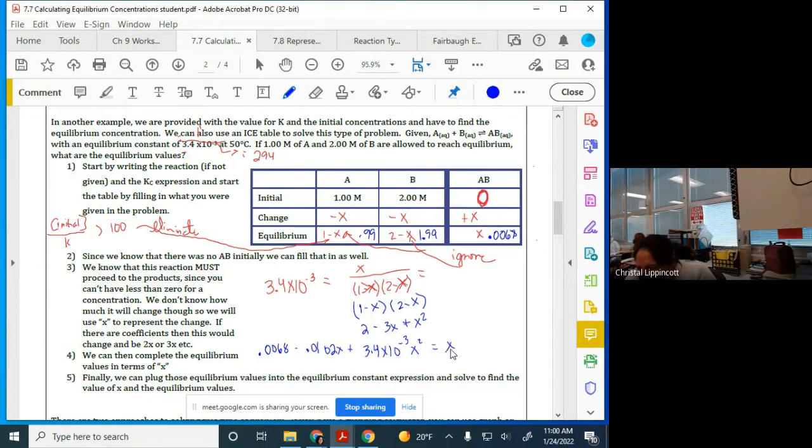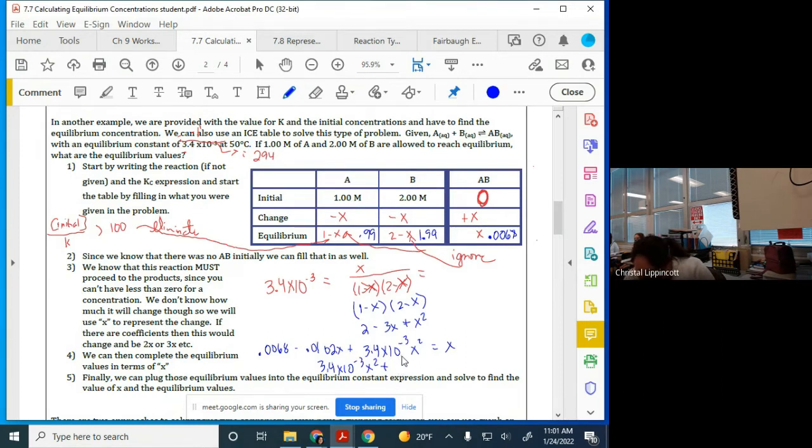All right, so if I add x to this side, I'm going to end up with 3.4 times 10 to the minus 3 x squared plus... I'm just showing you how that quadratic formula calculator works and comparing that to the answer we got up here where we ignored this. So I'm just trying to do a kind of proof here. Yeah, I figured.